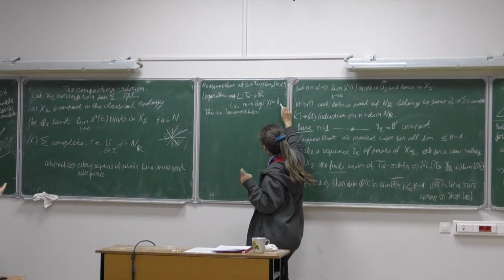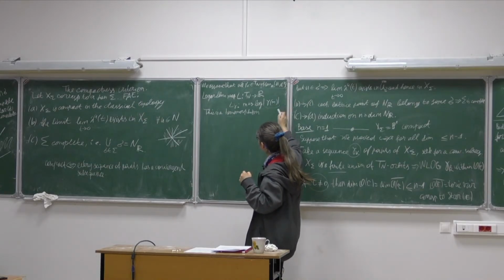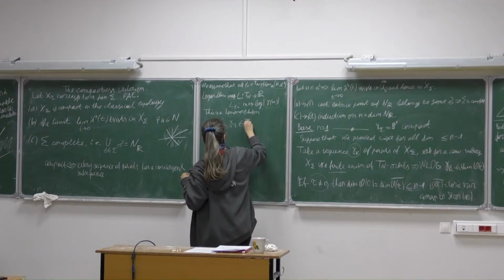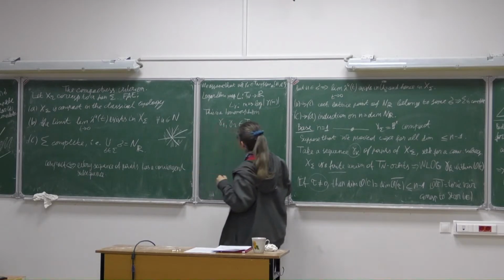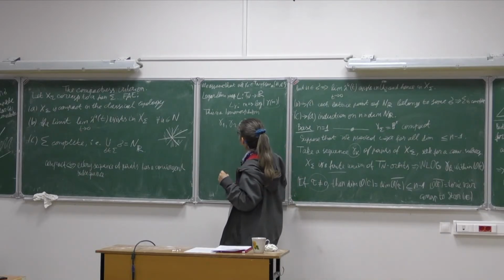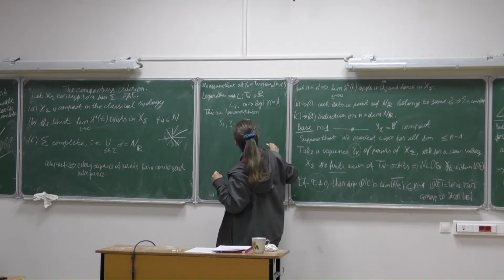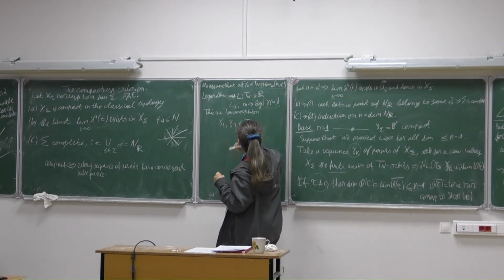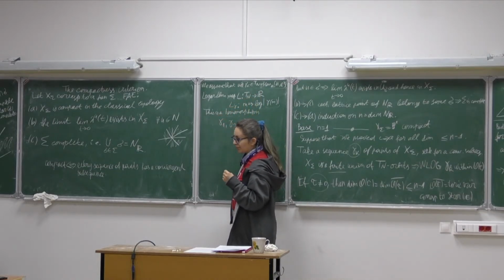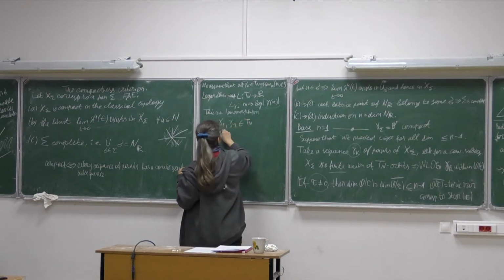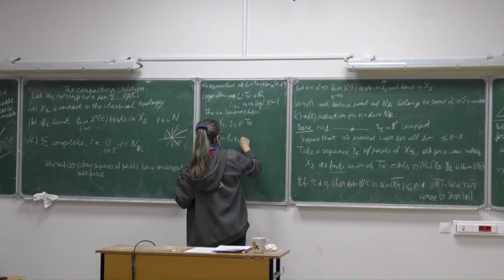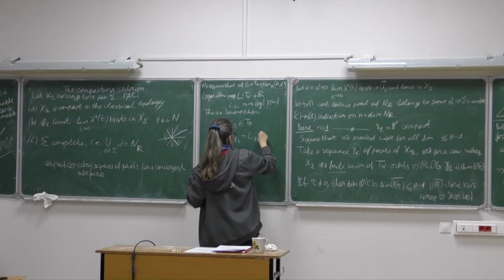Gamma 1, gamma 2 belong to Tn. For each gamma, this is a linear map from Tn to R. I mean, if you take L of gamma 1, gamma 2, it is L gamma 1 plus L gamma 2.